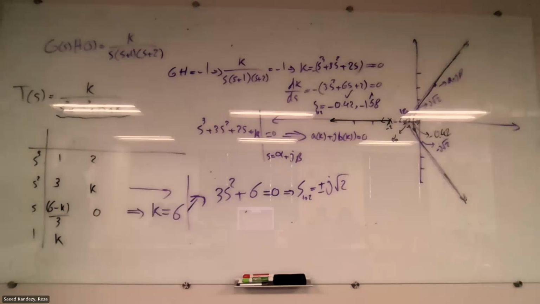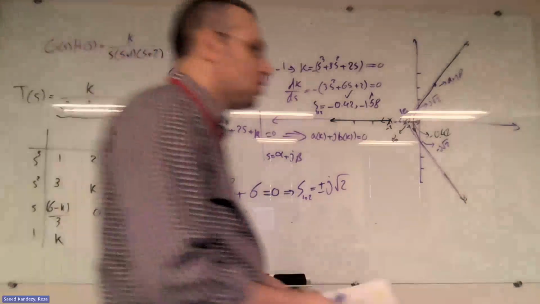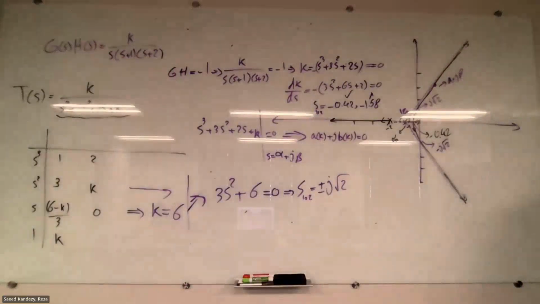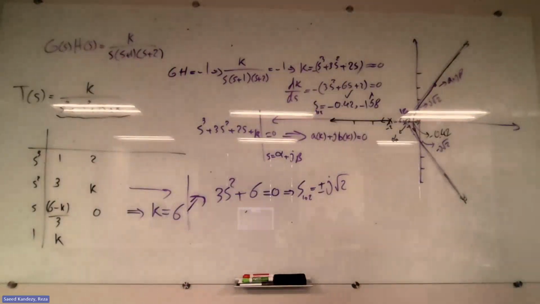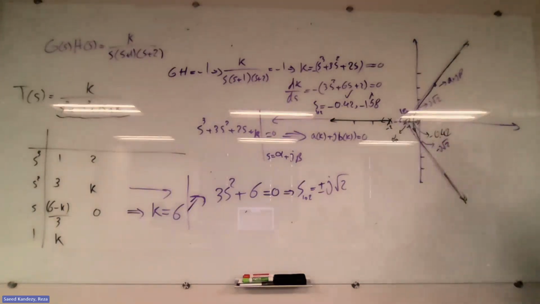Are we good? Any questions? So today we practiced how we can sketch an exact root locus, and also how we can design our system. Our variable is K, the variable that we have control over.